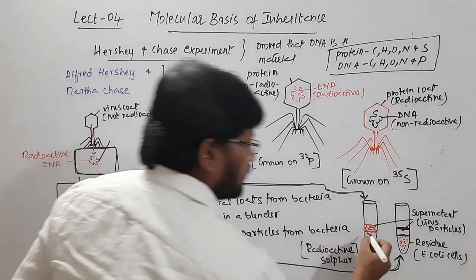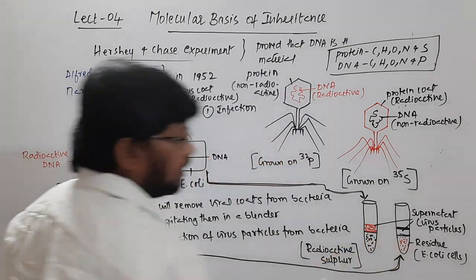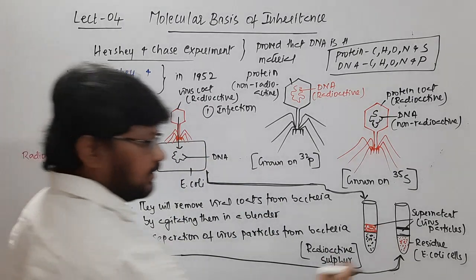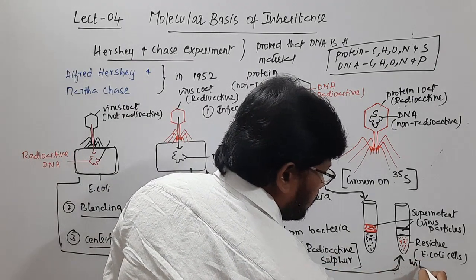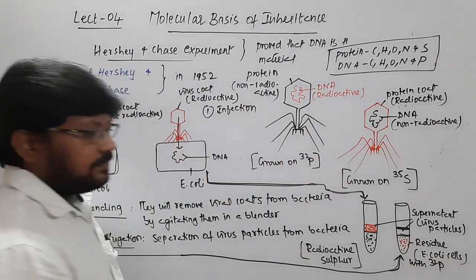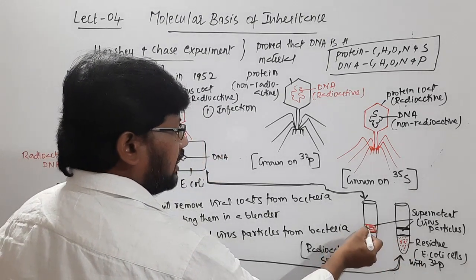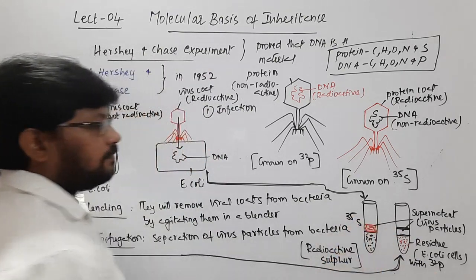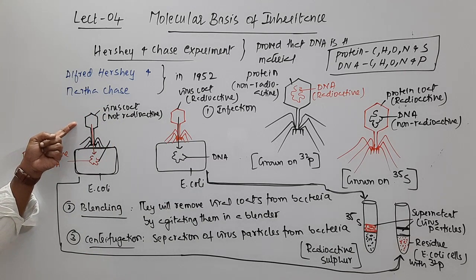So in this case E. coli cells without radioactive DNA, and in this case E. coli cells with the radioactive DNA, with P32, and here the supernatant will have S35.